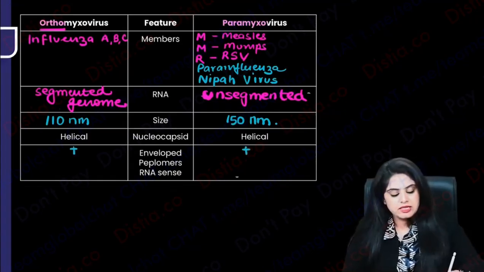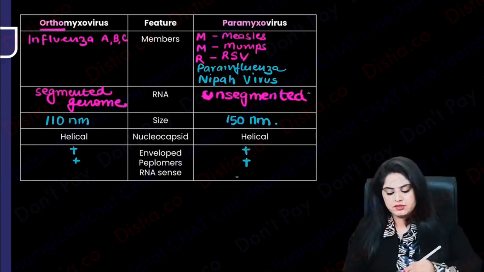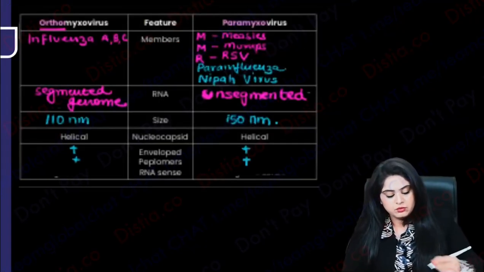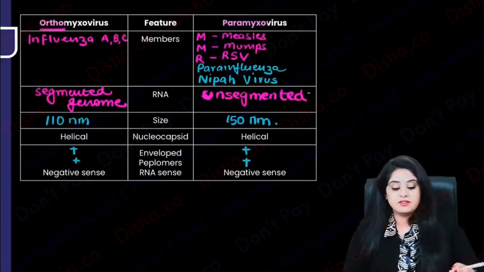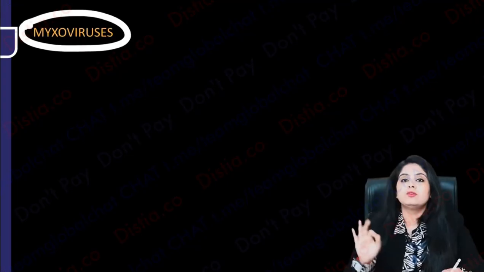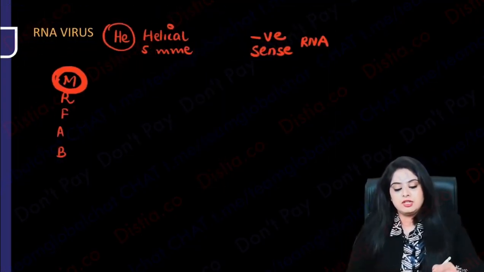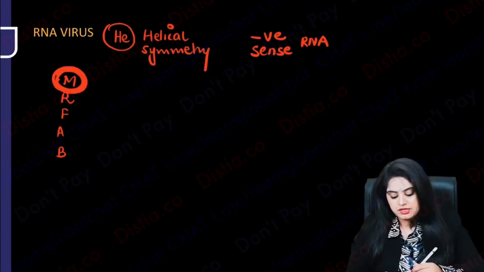Are they going to contain peplomers? Yes. What is the RNA sense? Negative sense. The same Mr. Fab mnemonic was also for the negative sense RNA viruses. So this means Myxovirus is once again going to be negative sense. I hope that is okay with everyone. So basically Myxoviruses come under the Mr. Fab mnemonic, which means both of them have a helical symmetry and both of them have a negative sense RNA. Okay, this table is totally done.